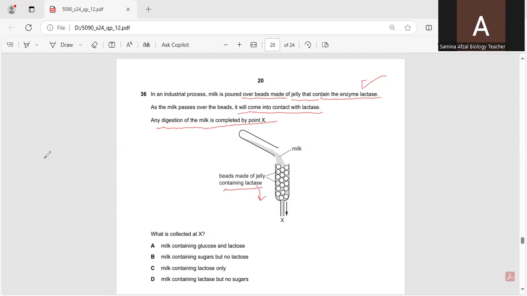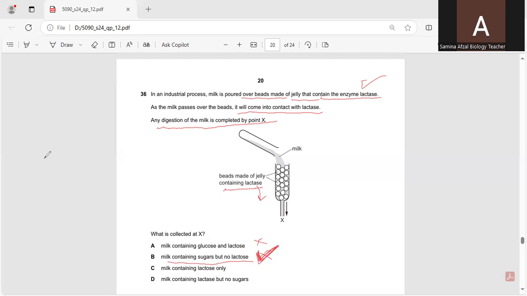So what is called at X? The milk containing glucose and lactose? No. This enzyme will change the lactose, so the milk contains sugar but no lactose. So this enzyme will make the milk lactose free milk. So it is the correct option.